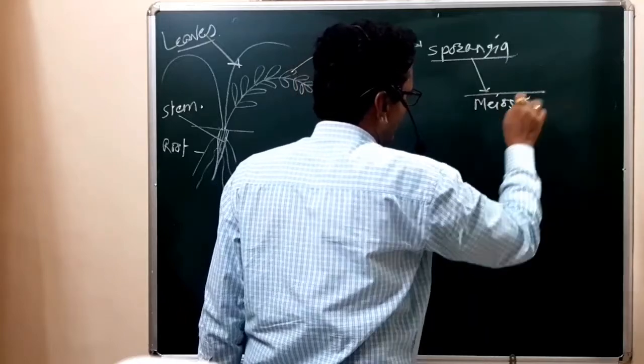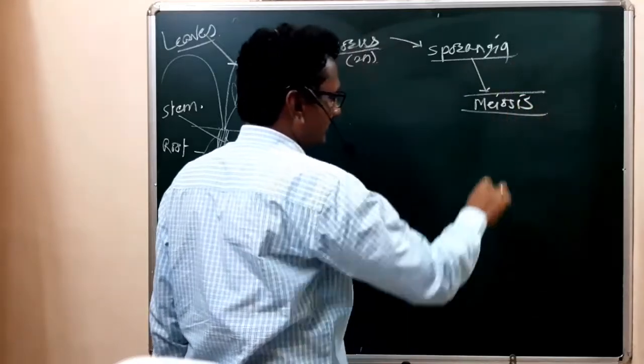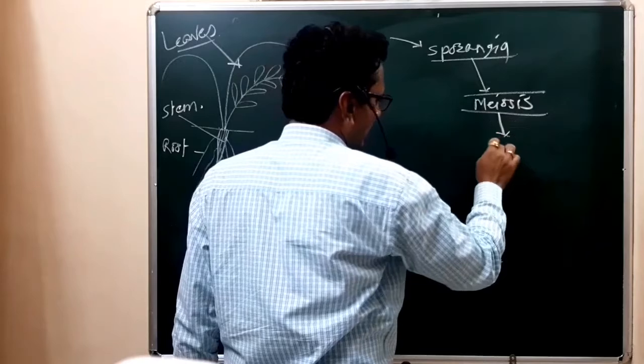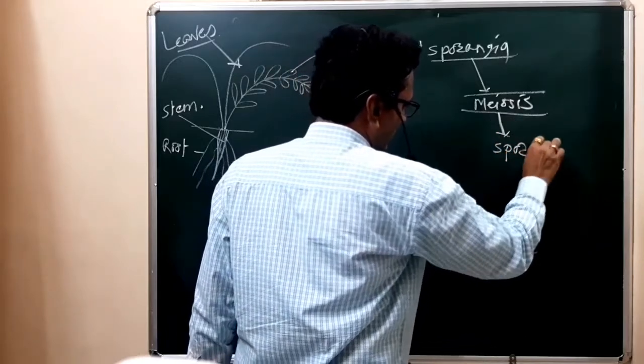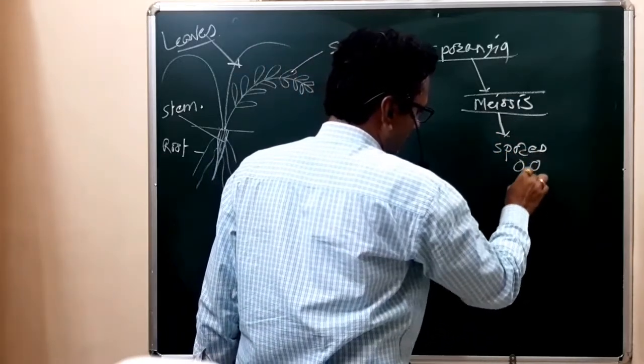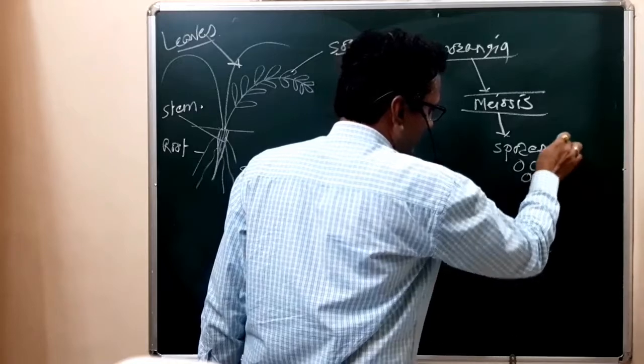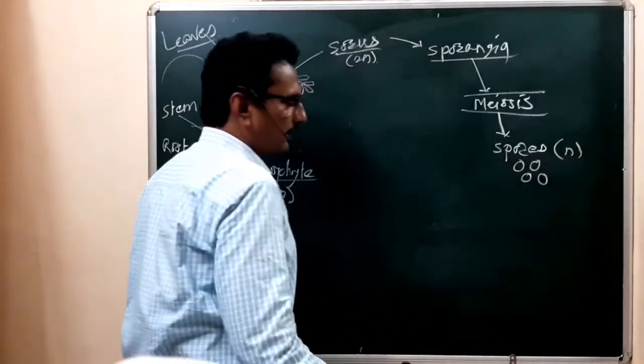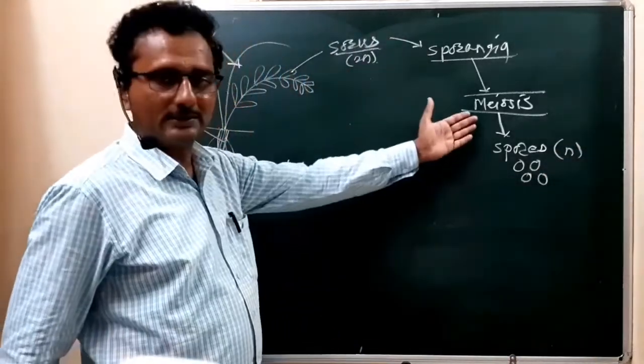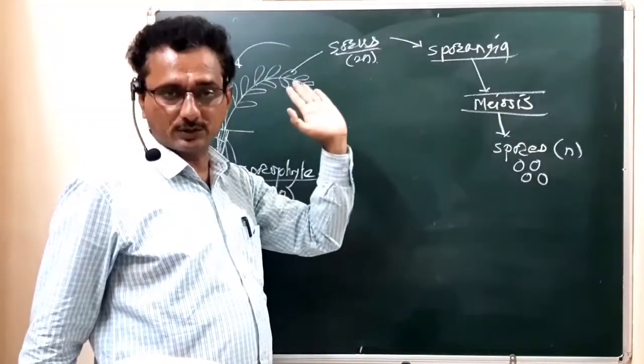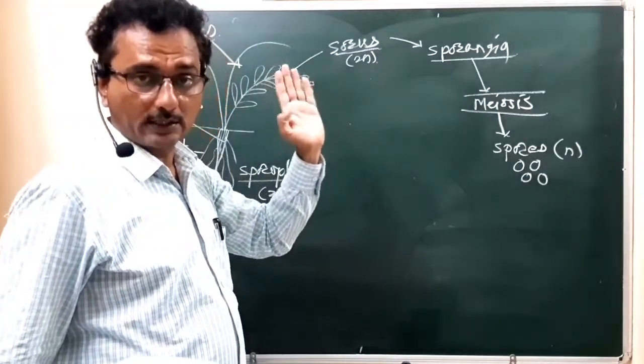Meiosis is a reductional division, and all these spores are haploid, with a half set of chromosomes. Meiosis means it is a reductional cell division.